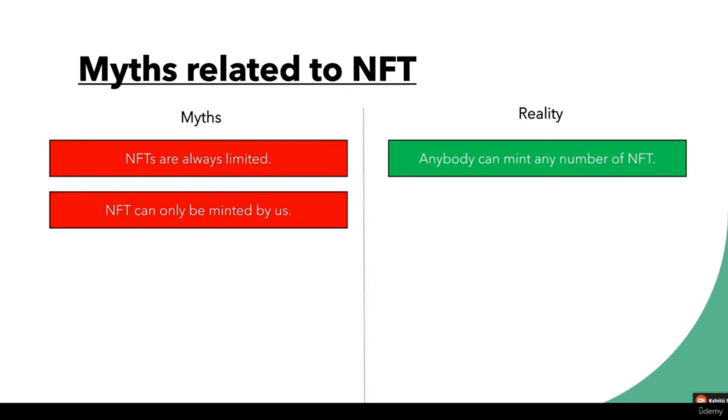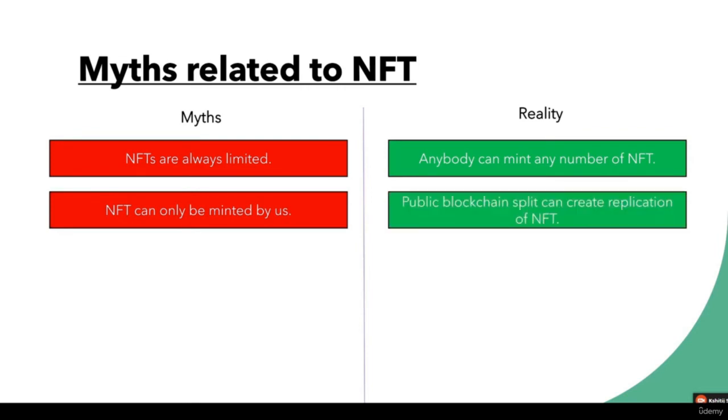The next myth is that NFT can only be mined by us. Now here, the problem is, where is an NFT made? In the blockchain. Where do we have our transactions and tokens? They are all in blockchains. And in a blockchain, a hard fork can happen anytime. This is also called splitting of the blockchain and it always happens.